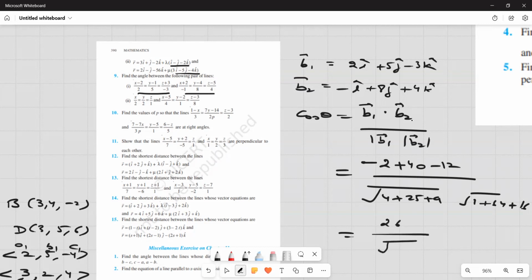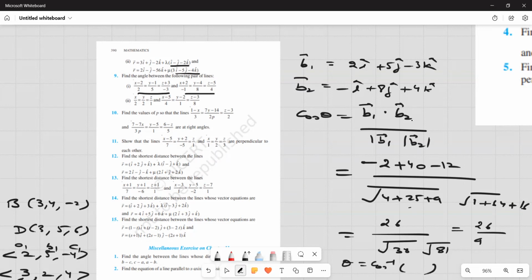This is 38, and this is 114. So that will be 26 by 38 into, sure this is 4 plus 25 plus 9. So theta will be cos inverse of this.